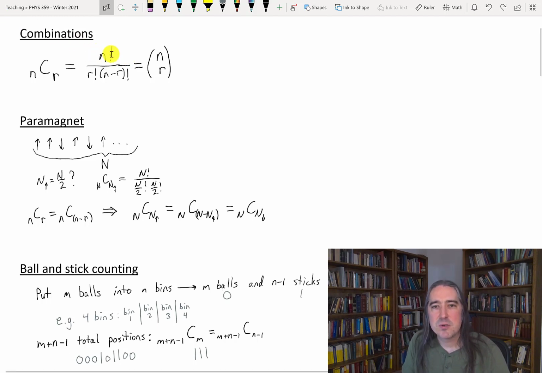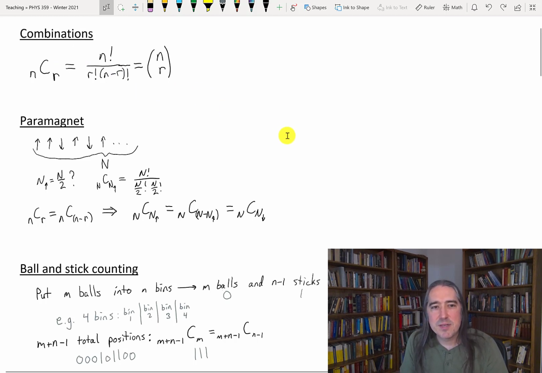So n factorial is the total number of ways I can order them, but the actual orders within the first r and the last n minus r don't matter. So you divide by r factorial, how many ways I can order the first r of them, and n minus r factorial, how many ways I can order the rest of them. That's an intuitive way to understand the combination formula.